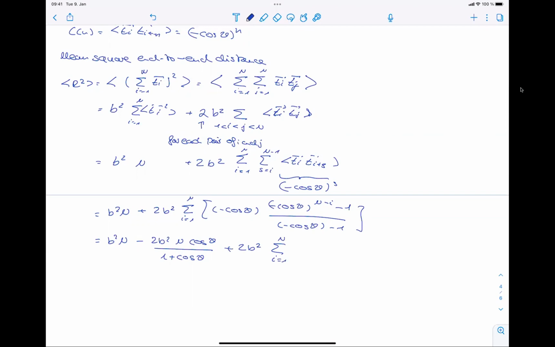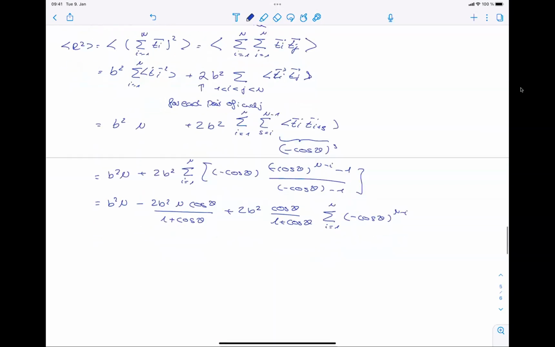Let me just pull out a few prefactors first. I pull out the prefactors, we get cos theta over 1 plus cos theta, and then we have the sum over now minus cos theta to the n minus i.